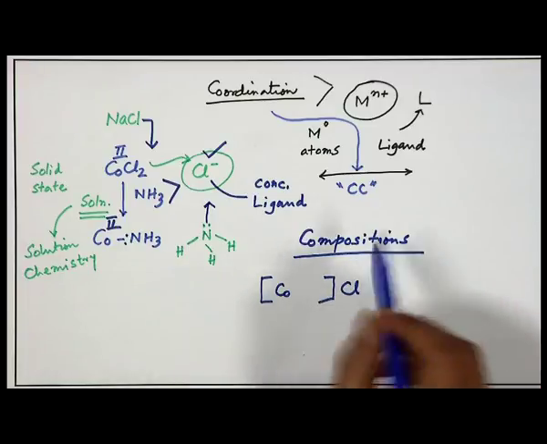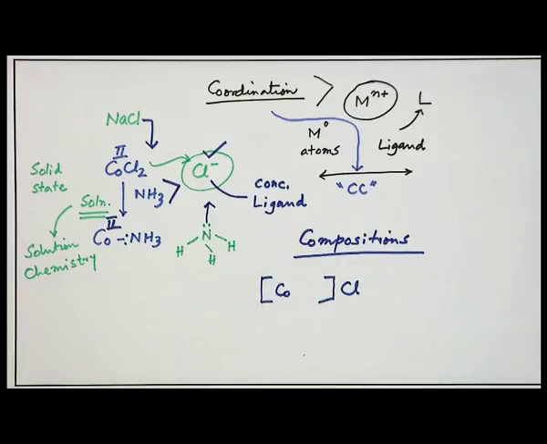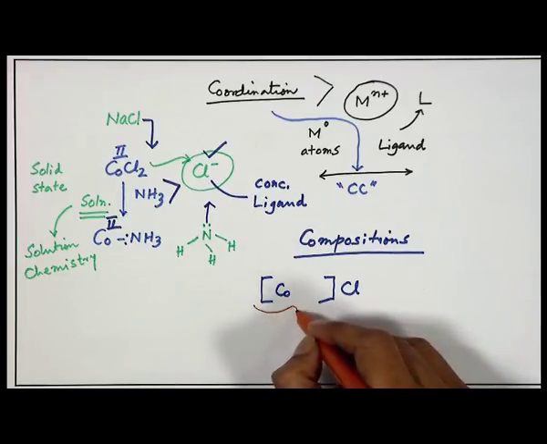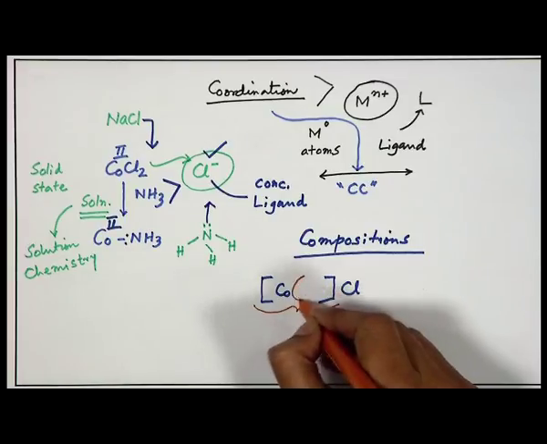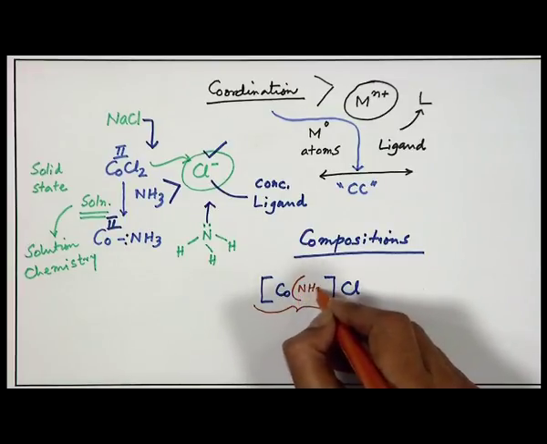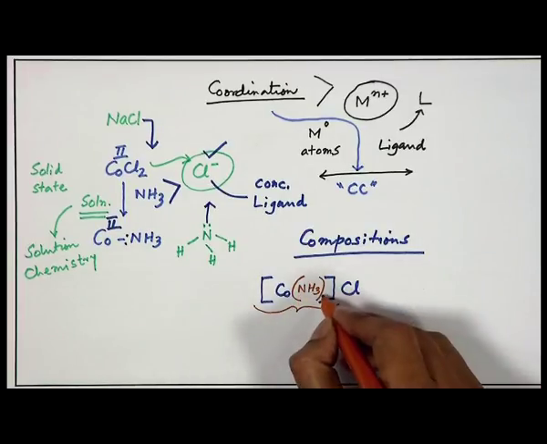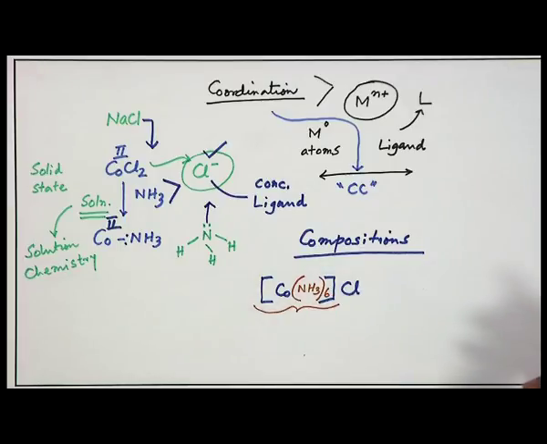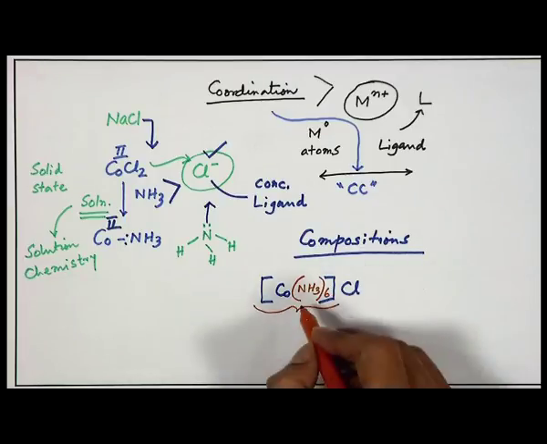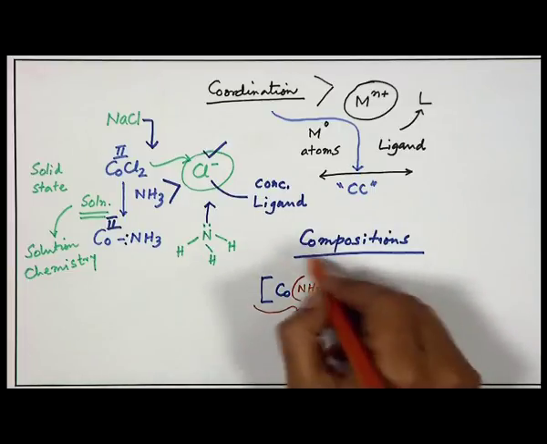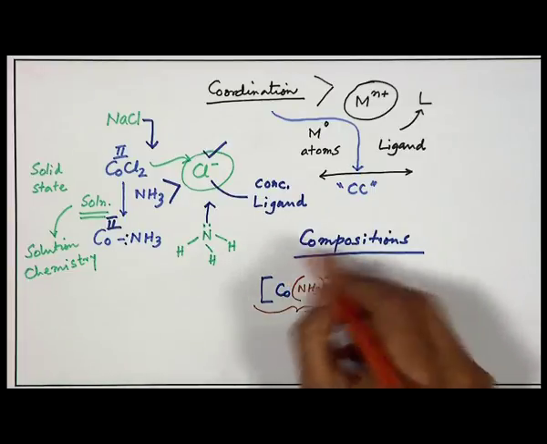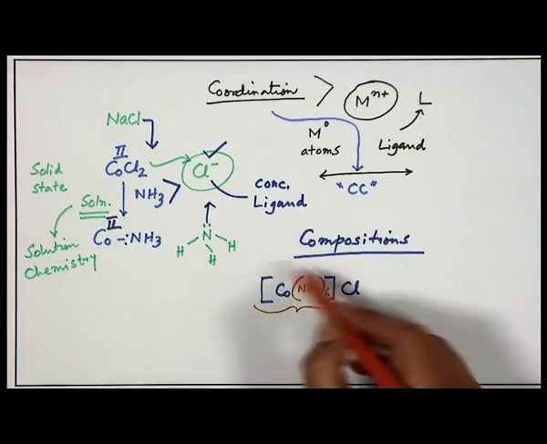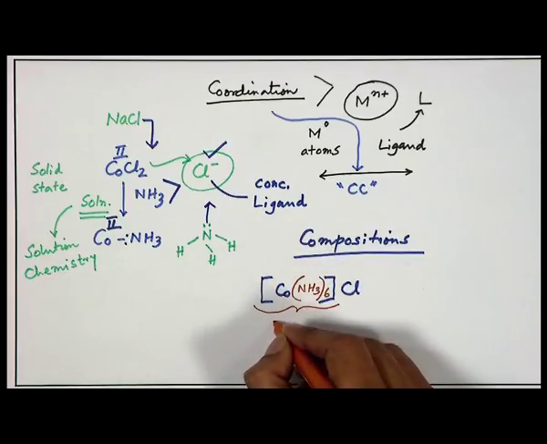Whatever we have inside this square bracket, the metal center will be attached with so many ammonia centers. If the number is 6, we have a regular octahedral geometry around this cobalt center, and this whole entity, the coordination entity, we get as the corresponding coordination sphere.